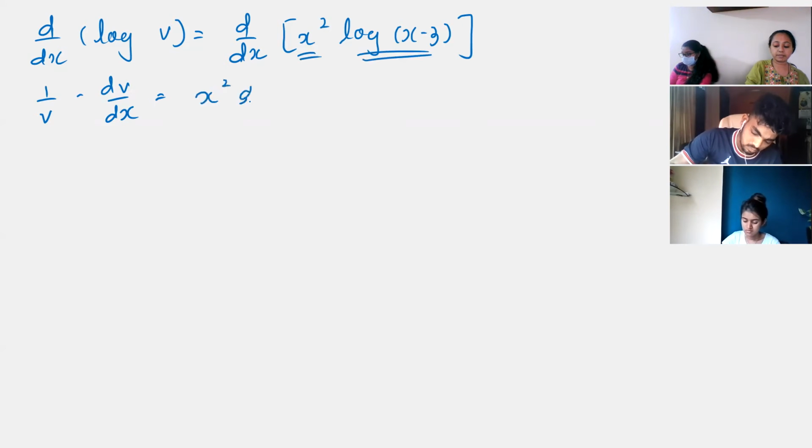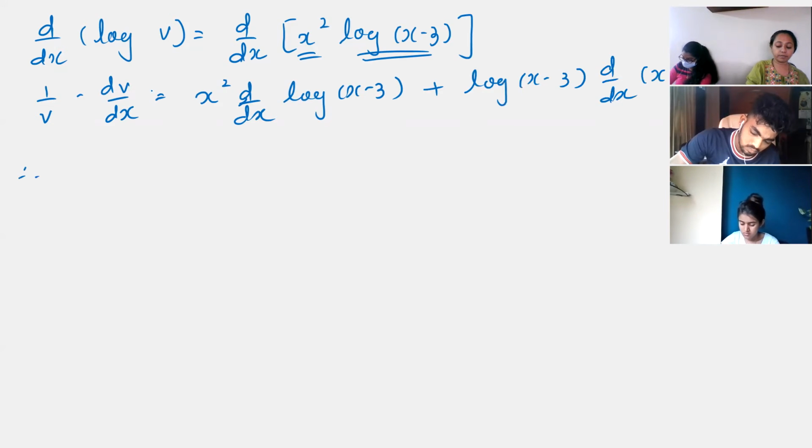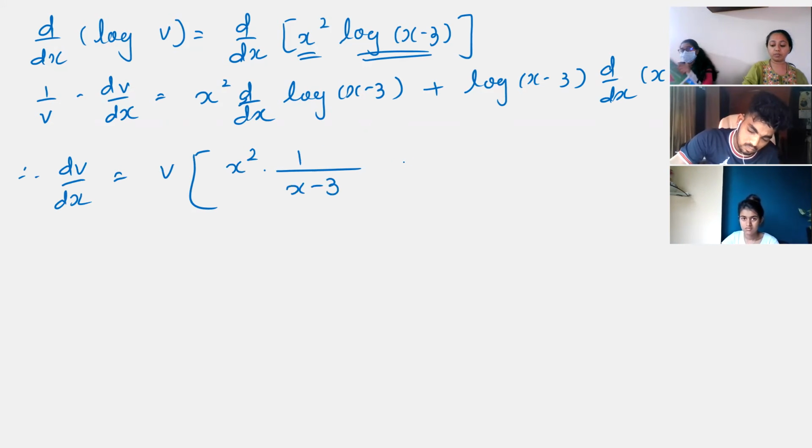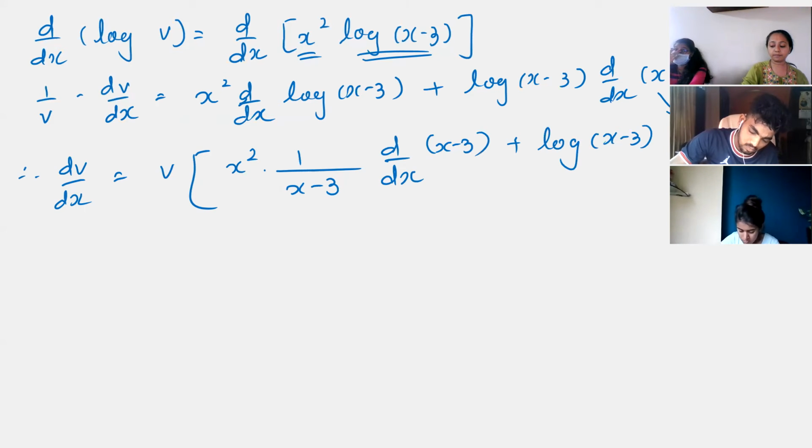First quantity as it is, d by dx of log of (x − 3), plus log of (x − 3) as it is, and d by dx of x², which is 2x.